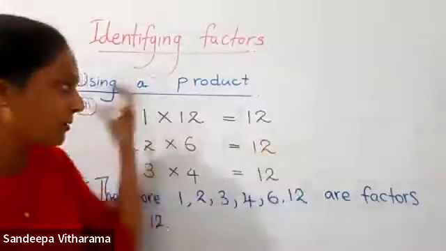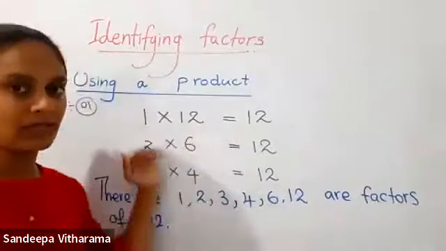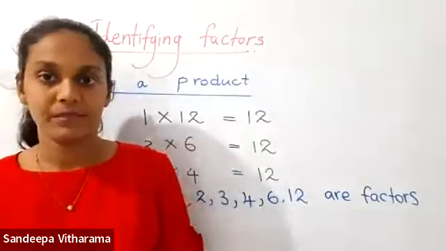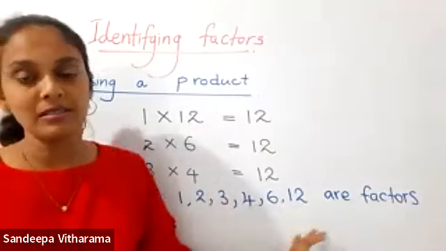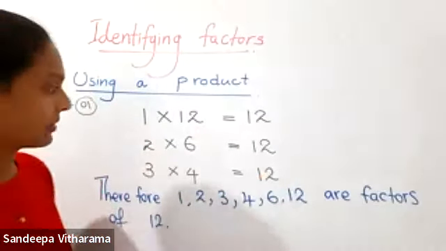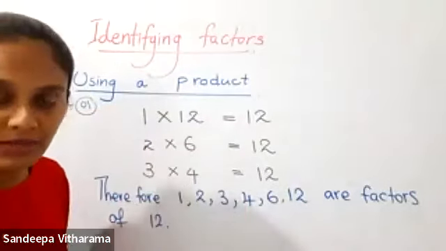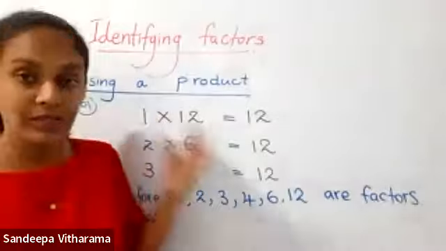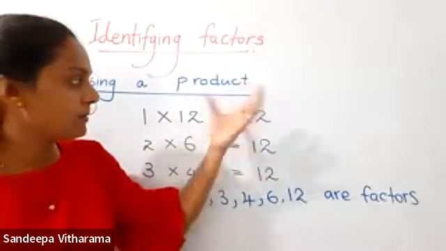To obtain 12, there should be a product between two factors. That means there should be multiplication in between two numbers. Those two numbers are the factors of the given number. Okay? Then using a product, we can identify the factors, because we have to write all the ways that we can obtain the particular number.